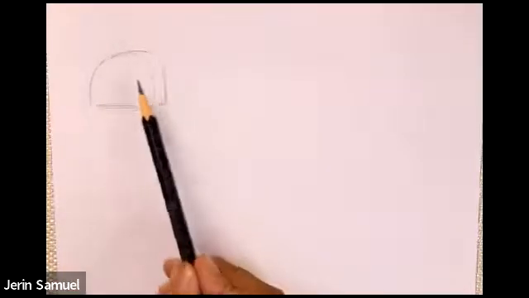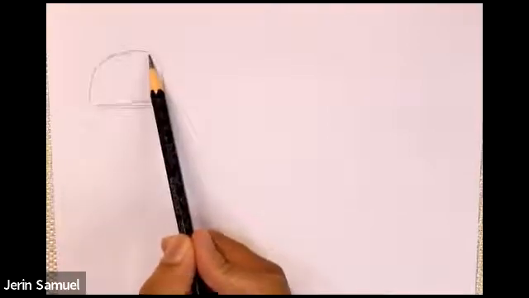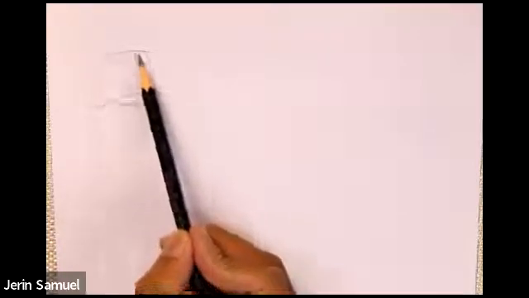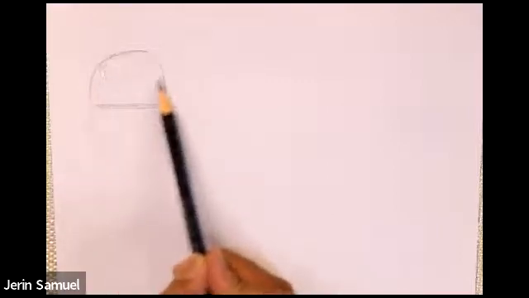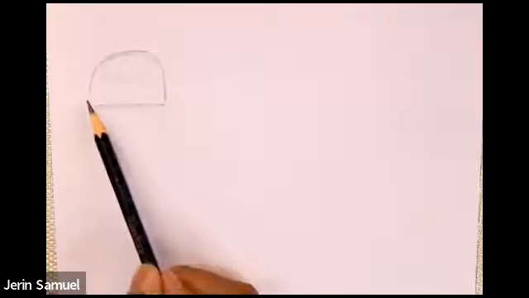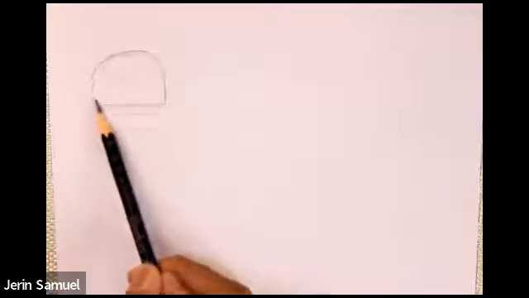Make a simple semicircle like this. And then inside we're going to create an oval shape. And then some circles inside.